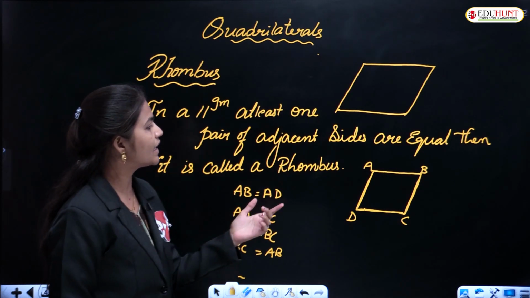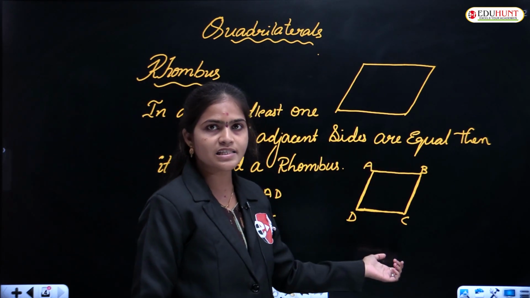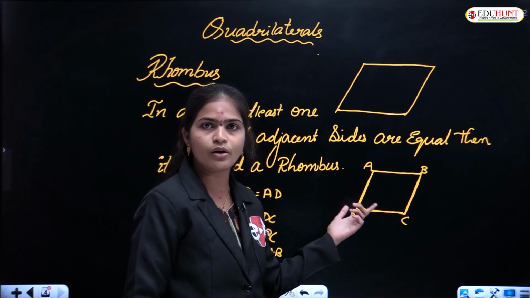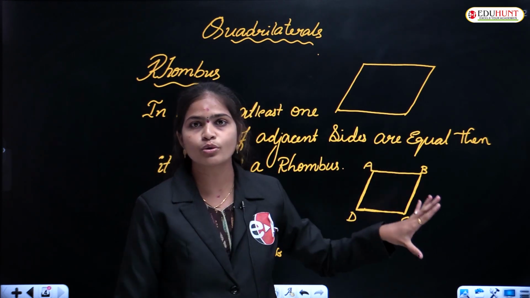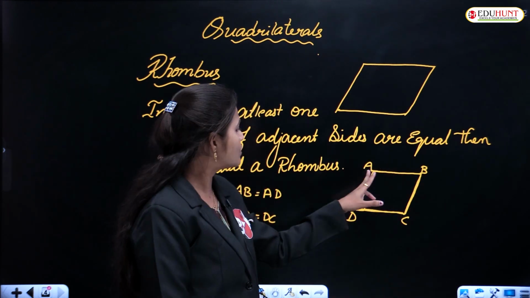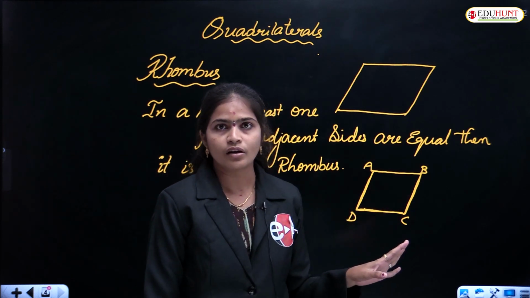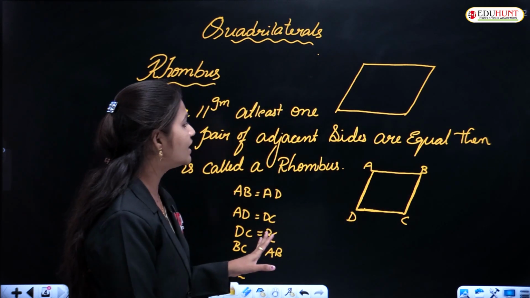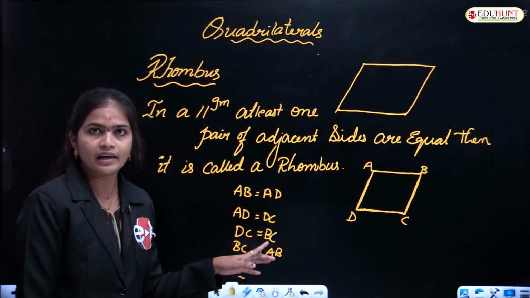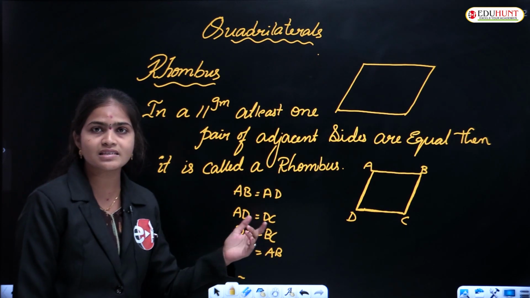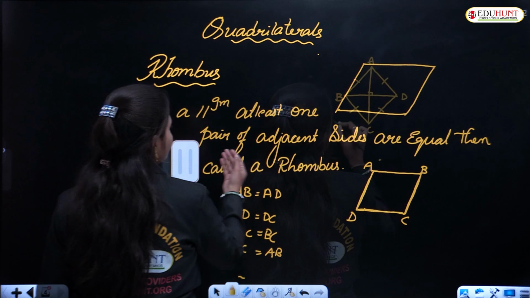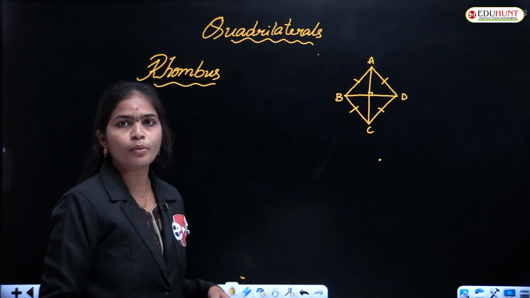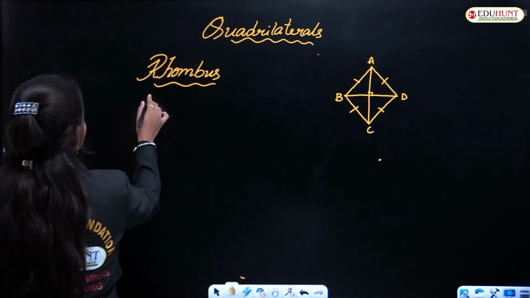So first, opposite sides are parallel and opposite sides are equal. Next, adjacent angles sum to 180 degrees and opposite angles are equal. Along with the properties of a parallelogram, we have some extra properties. So, the properties of a rhombus.